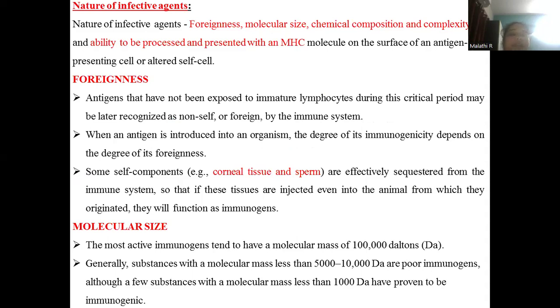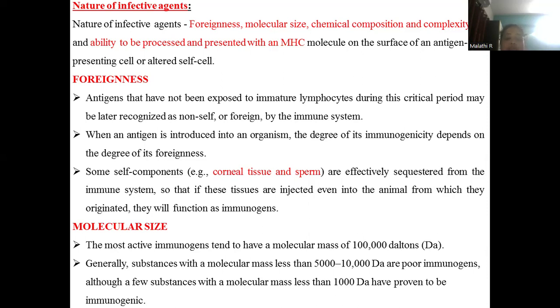Let us now see the nature of infective agents, and the ways in which infective agents are effective in causing infection. The nature of an infective agent depends on whether it is foreign, which is based on molecular size, chemical composition, complexity, and the ability to be processed and presented with the help of MHC molecules on the surface of antigen-presenting cells or altered cells, which include cancer cells. If a particle is very foreign, the immune system will first recognize it and then respond to those foreign antigens or altered cells.